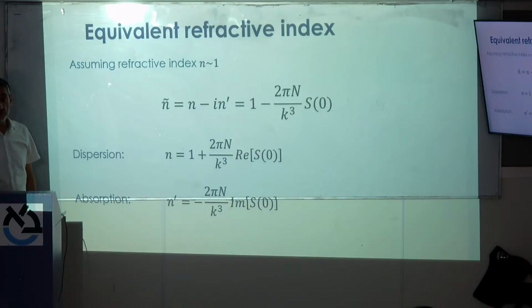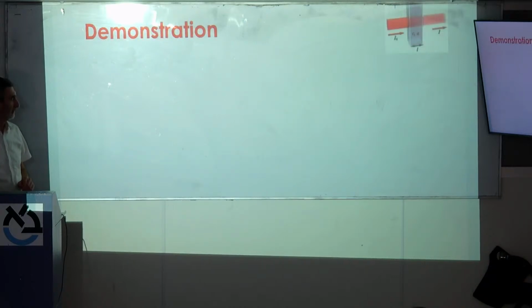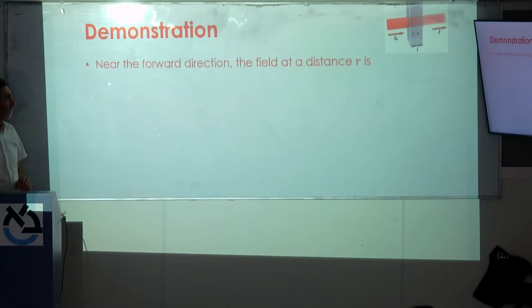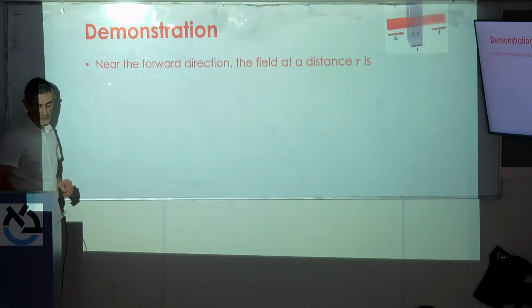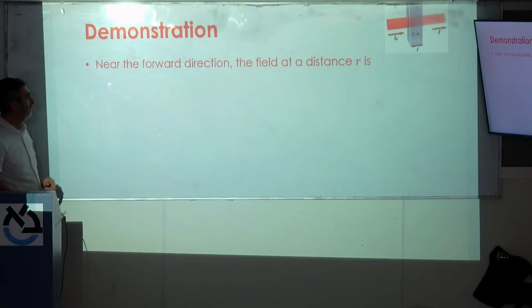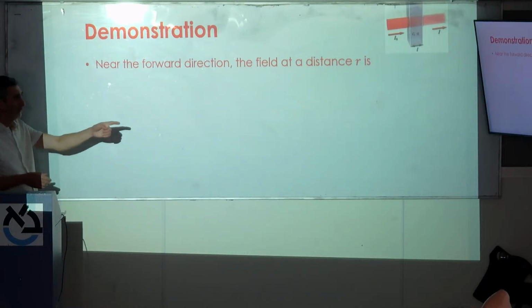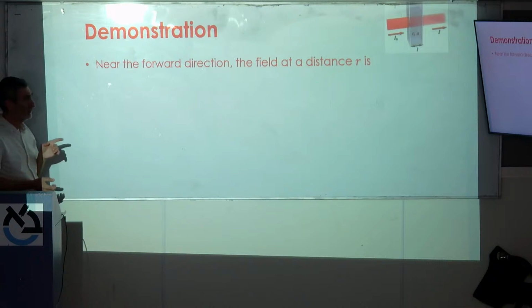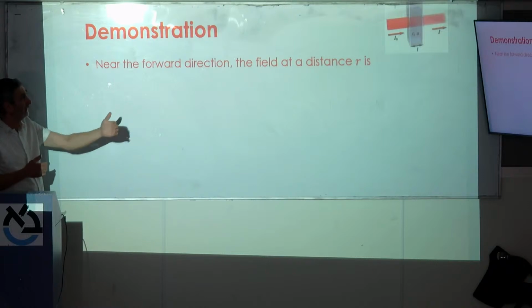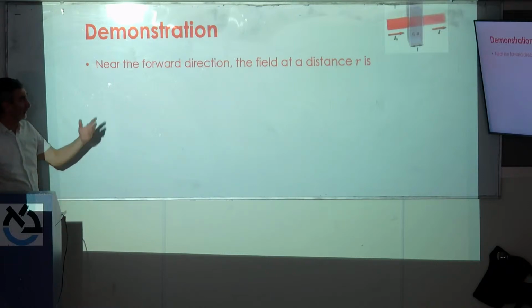We take 2 minutes to rapidly fly over the demonstration. So we consider the forward direction. We consider the light which is scattered away at some distance r from the scattering medium.